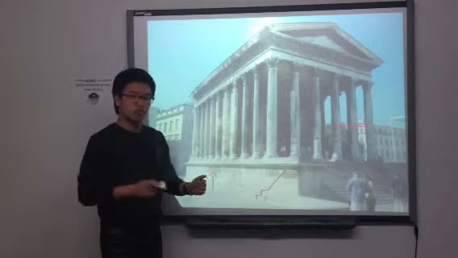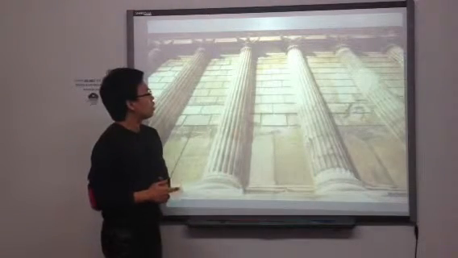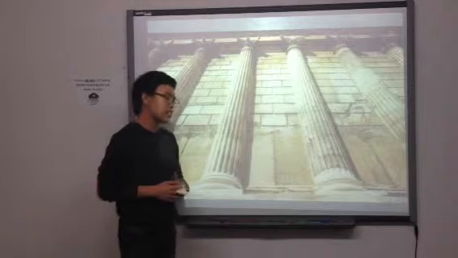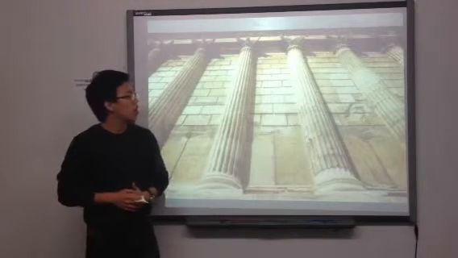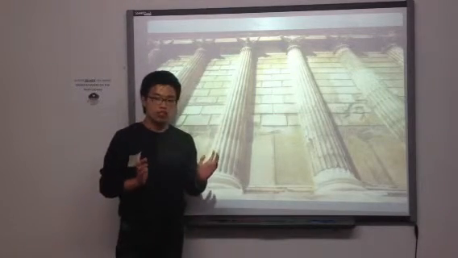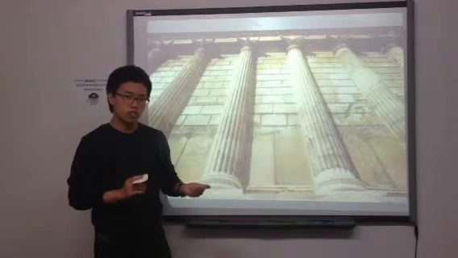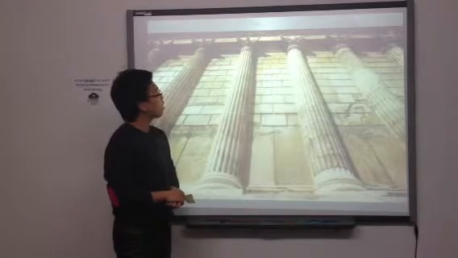And also, unlike the Doric temple, the temple is lifted and supported by walls, not columns.